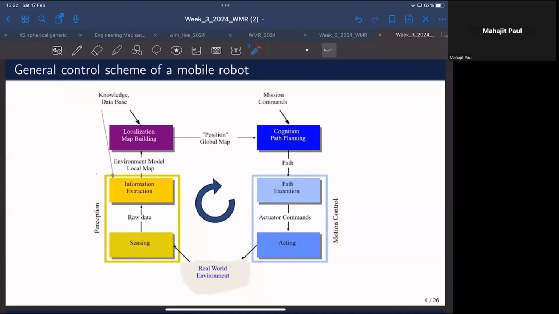The motion control subsystem of a robot ensures that the robot stays on the path. It may take feedback from its own internal encoders. It may also take readings from its sensors.